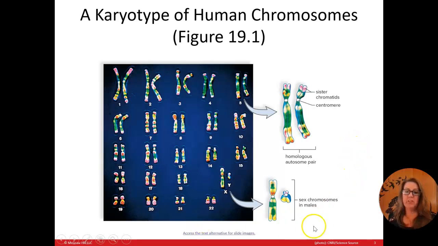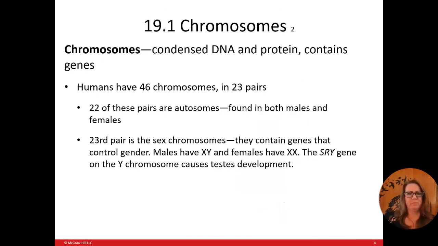Then we have the 23rd set, which we said earlier is your pair of sex chromosomes. You will notice there's one thing I didn't really mention. It's a little glob of protein, kind of like a big, huge polka dot here called the centromere. The centromere is always going to hold the two copies of that sister chromatid together.